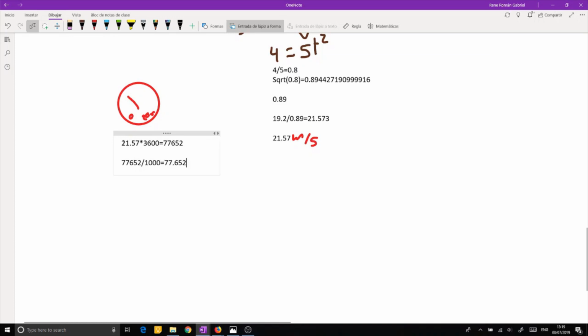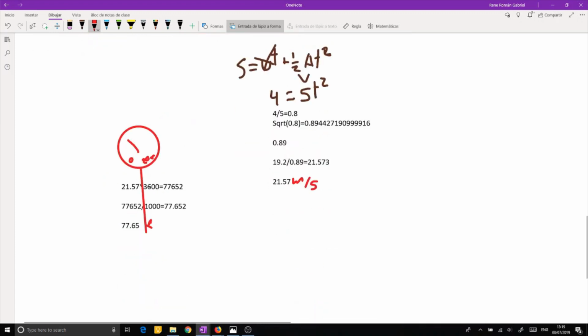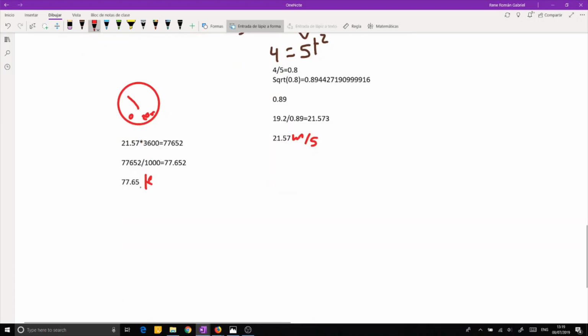And so the answer would be 77.65 kilometers an hour. So if you wanna jump out of a cliff and land 19.2 meters away, and you know that the cliff is 4 meters high, you just have to go at 77.65 kilometers an hour.